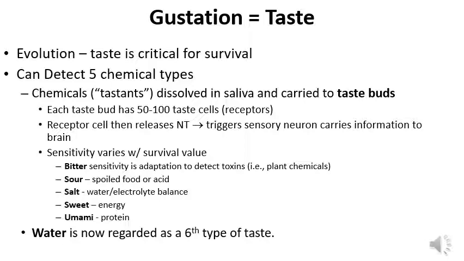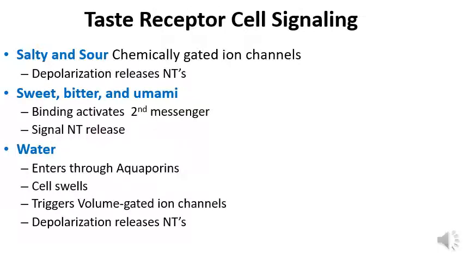umami, and water. As stated before on the previous slide, you got anywhere from 50 to 100 taste receptors on a single taste bud. These taste receptors come in a number of different types depending upon what sort of thing they're receptive to. For example, take a look at a slide here. For salty and sour tastes, we're going to depend on taste receptors that depend on chemically gated ion channels.